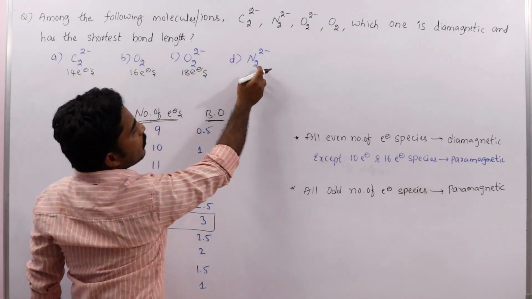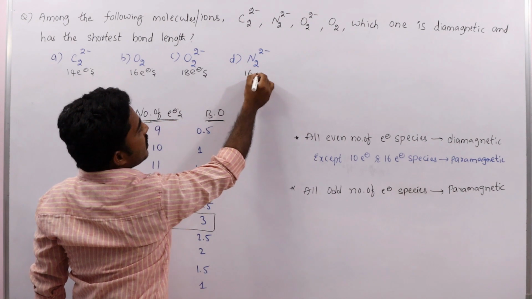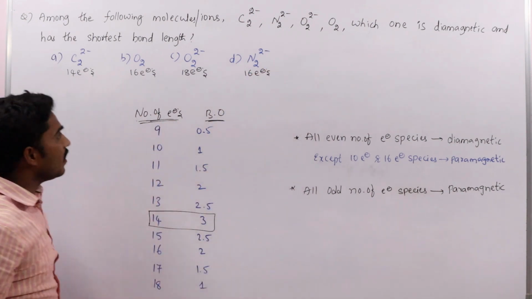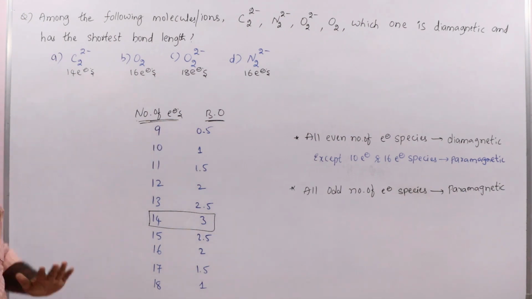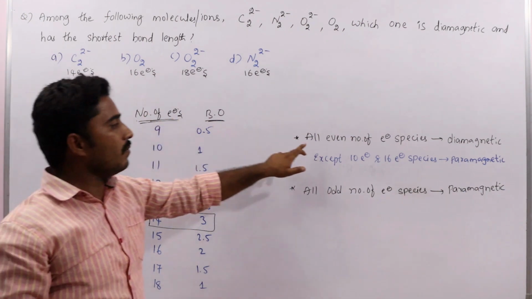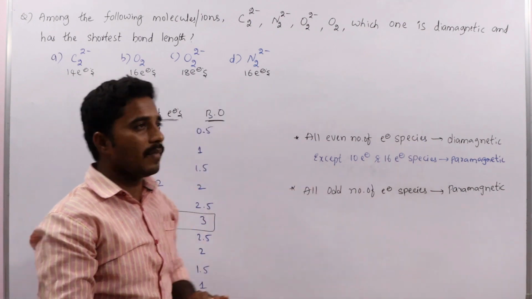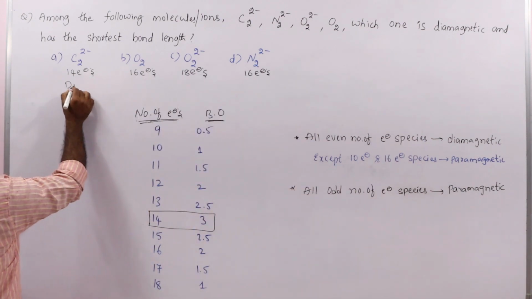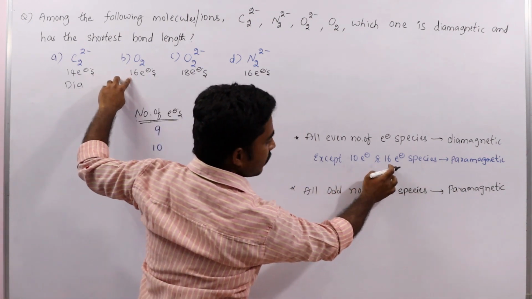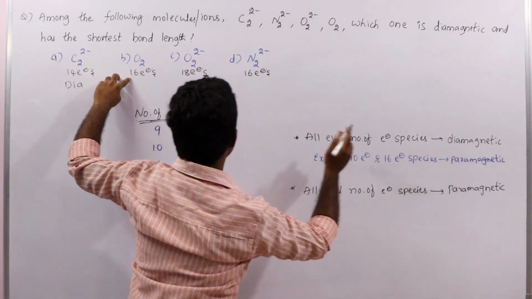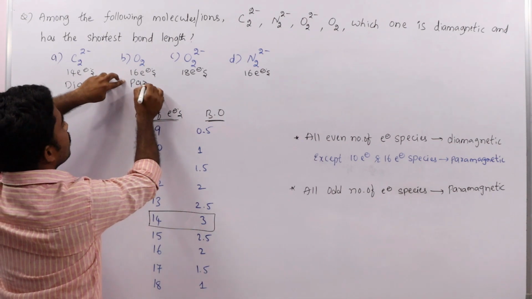And N2 is 14, with 2 minus, 16 electrons. For the 14 electron species, magnetic nature: even number of electrons, diamagnetic. The 16 electron species is an even number but an exception condition: the 16 electron species is paramagnetic.